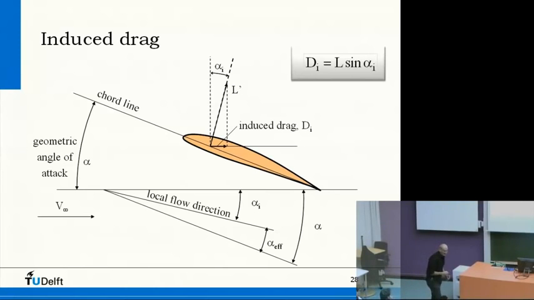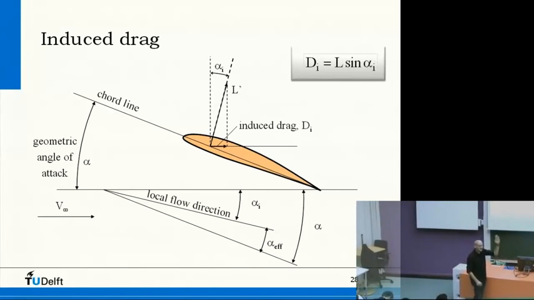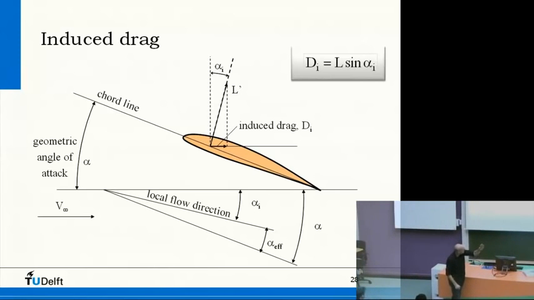And in fact, if we look at this lift vector here, then this lift vector has a component in the original velocity direction. It has a component in this direction and a component in this direction. So in fact, this lift vector rotated a little bit in the backward direction, giving a force here pointing in the drag direction, in the original drag direction.